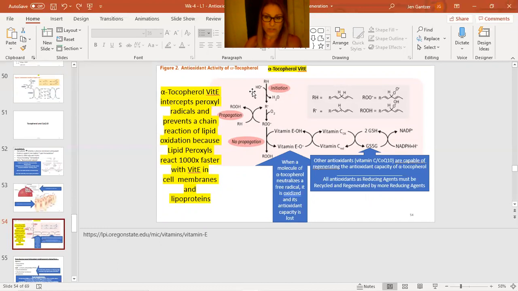So this is another picture demonstrating how vitamin E gets oxidized, and it depends on the other reactions so that our vitamin C, glutathione, and all of our other reducing agents that are reducing each other are bioavailable.